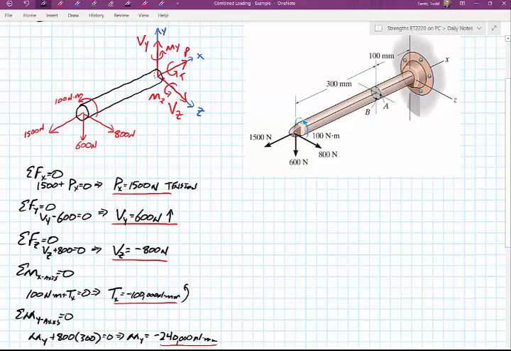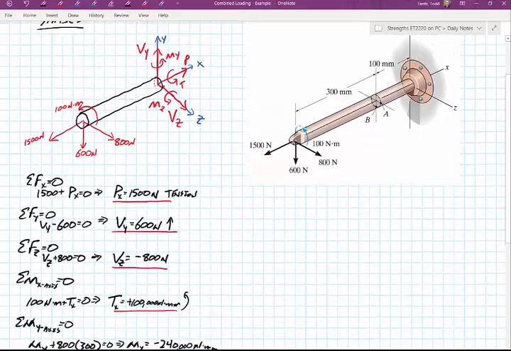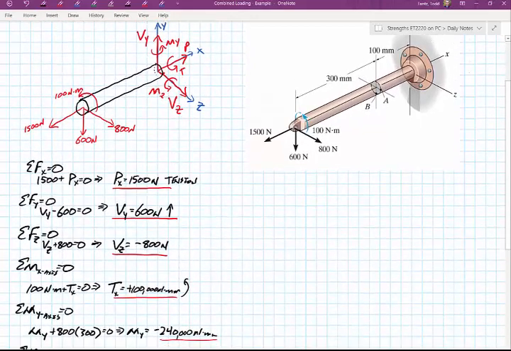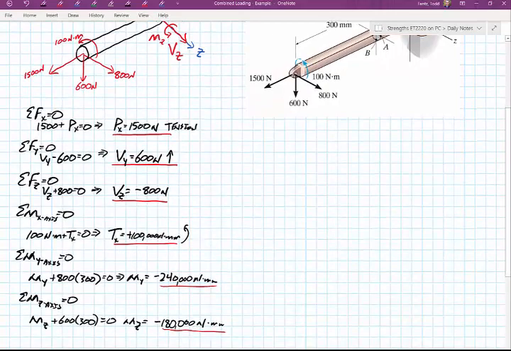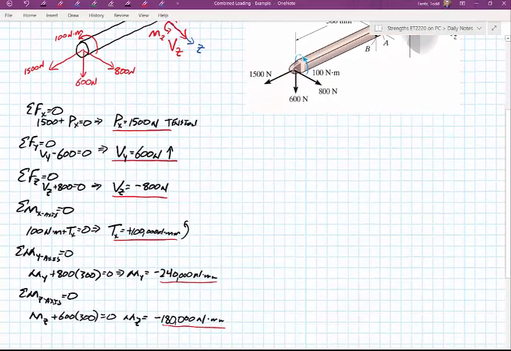That should be a positive. That doesn't really matter too much. It's just a matter of making sure you know which direction it's going when we actually put it into our stress equations. A moment about the y-axis gives me my moment about the y of negative 240,000. And moment about the z is negative 180,000.